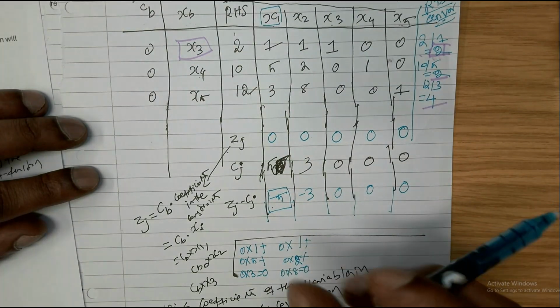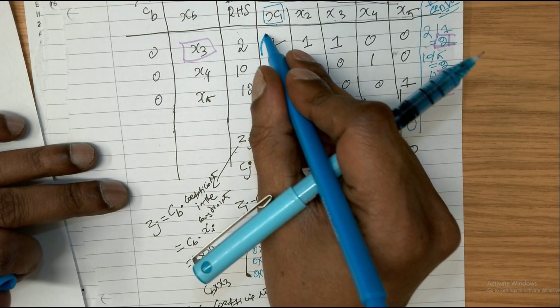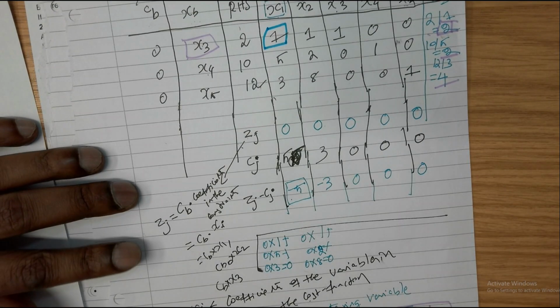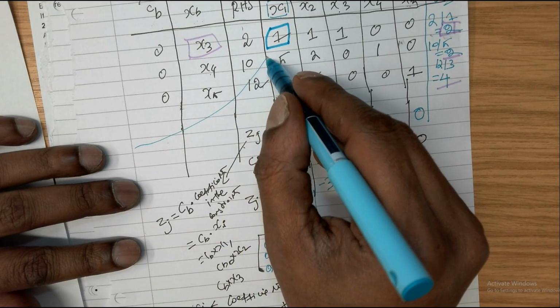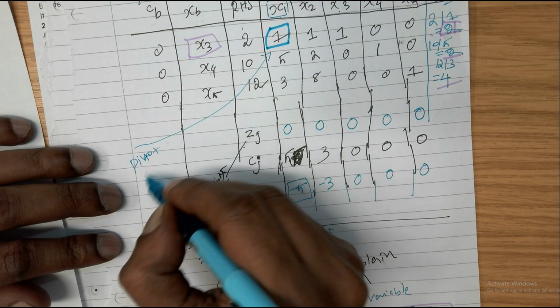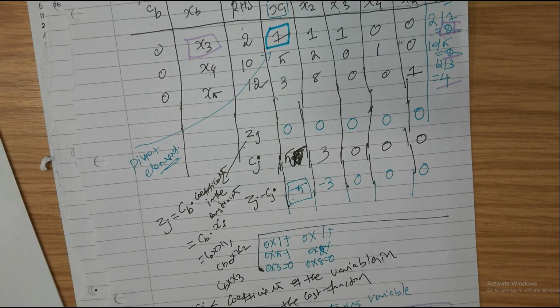Where is the point of intersection? The point of intersection is here, isn't it? So this one becomes your pivot element. So we almost completed step 7.